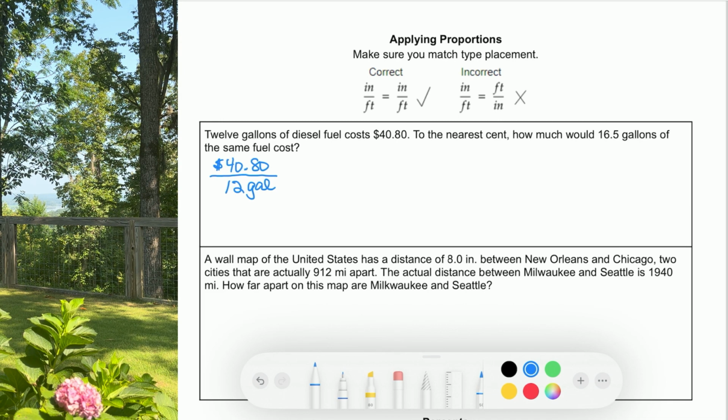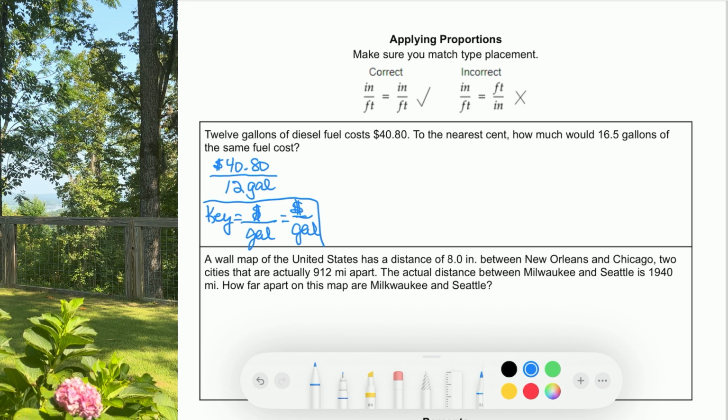Okay, so that has formed our pattern that our other side needs to follow. So our key is going to be money on top, gallon in the bottom. So that means we need to have money in the top, gallon in the bottom on the other side as well. This is our key that we're going to use.